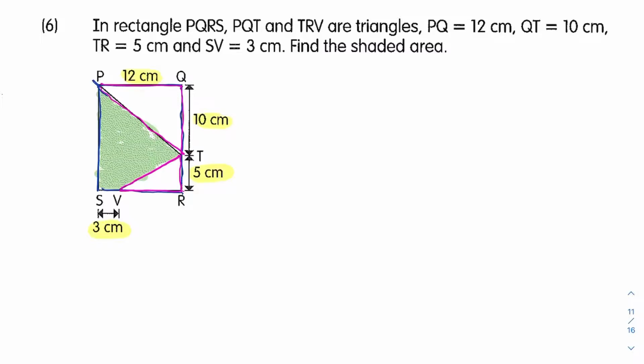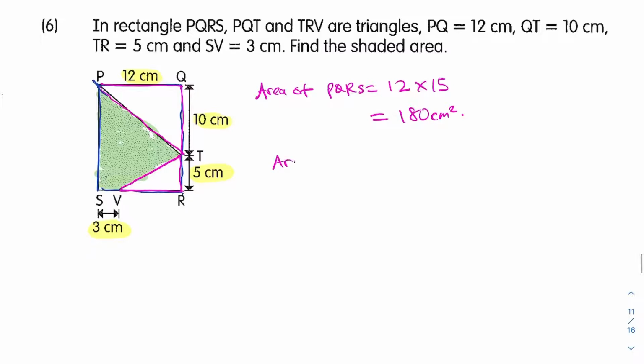So how I'm going to find the area of this figure is by finding the area of the two unshaded triangles, okay? So first, area of the big rectangle, which is PQRS, would be 12 times 15, would give you 180 square centimeters.